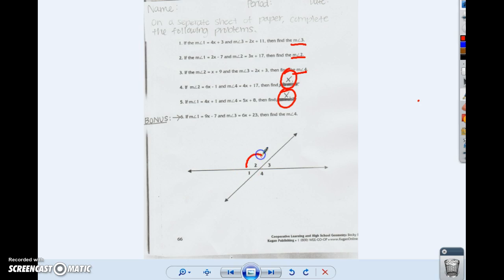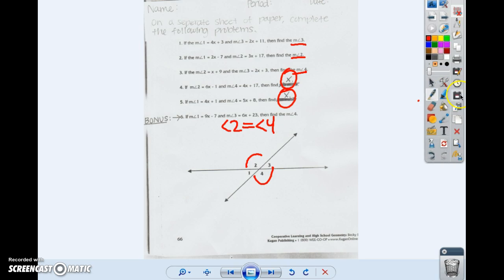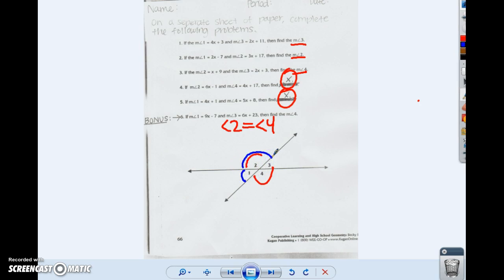So we know the relationship between our vertical angles, okay? They're equal to each other. But I want to make one quick little remark about the relationship between angles 1 and angle 2. They are not vertical angles, they are next to each other. But guys, they form a line.